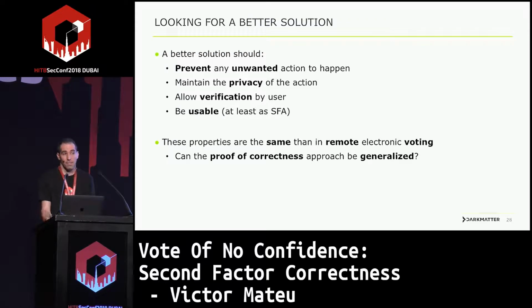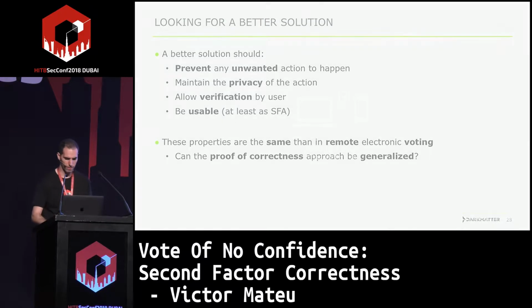What we realized here is that the properties are basically a subset of the properties of electronic voting. So you want privacy, you want correctness, and you want some sort of verification. So can we do the proof of correctness that we were mentioning for cast as intended? Can we do that in a generalized way so that it serves more than one purpose, not only for voting, but for other cases?